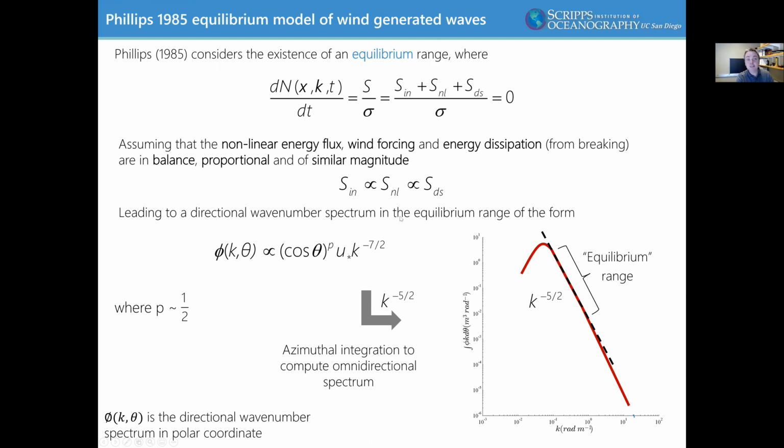So by making those assumptions about an equilibrium range, it leads to a directional wave number spectrum in the equilibrium range of this form, with the -7/2 power law in the directional form. To make it a little simpler, if you azimuthally integrate this directional spectrum, you obtain an omnidirectional spectrum, and I'll be talking a lot about this today, which has a -5/2 power law. So this is our understanding of the equilibrium range.